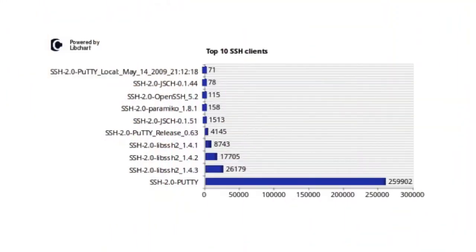This one was kind of interesting to me. I was expecting most of the password guessing attempts to be one of these libraries, and it turns out that it's actually PuTTY that is identified as the client being used in the vast majority of the attempts. Yeah, there are several versions of PuTTY, as you can see in here.